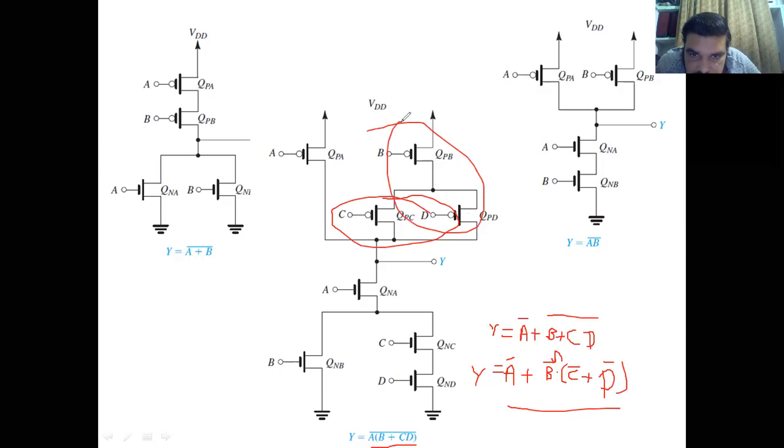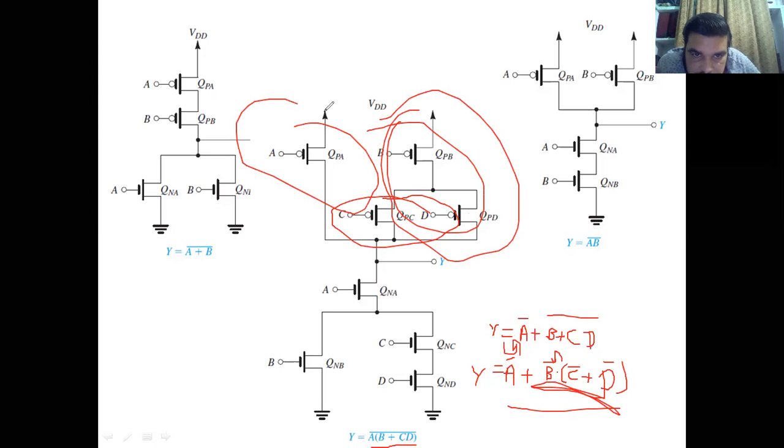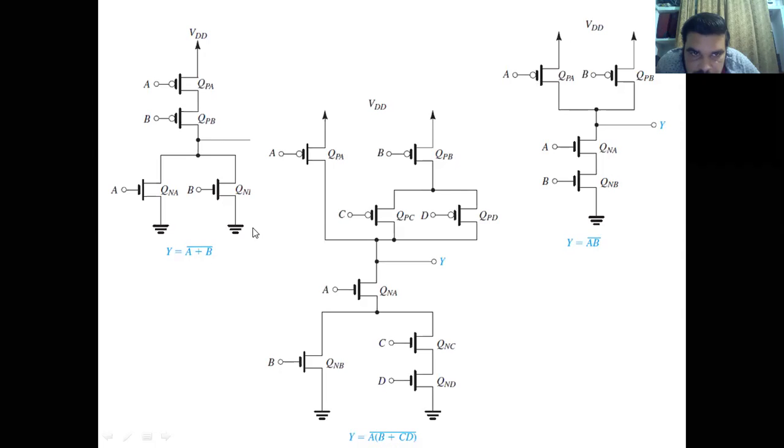To this whole combination, another PMOS having input A will be connected in parallel, and this whole setup is connected to a supply. And below that, we have the logic output Y. So this is how we design a circuit using CMOS logic.